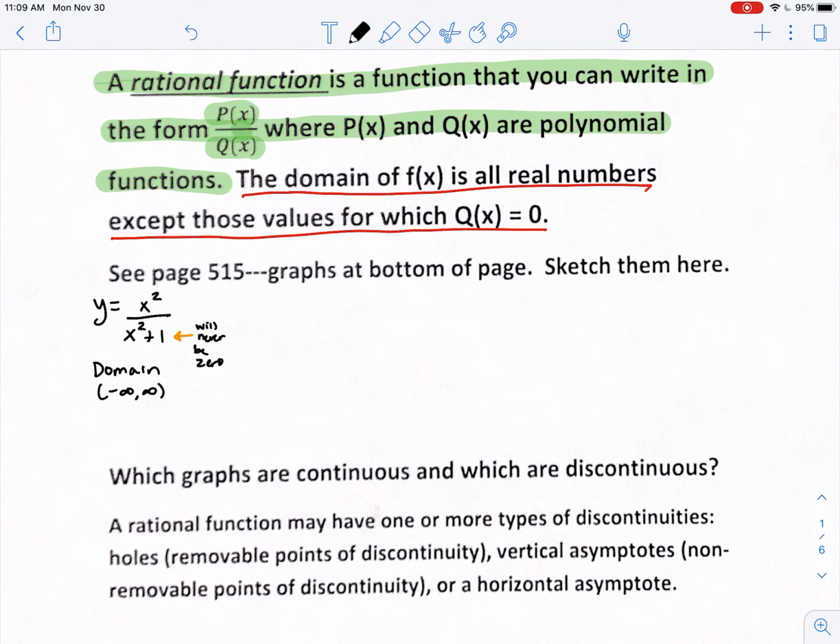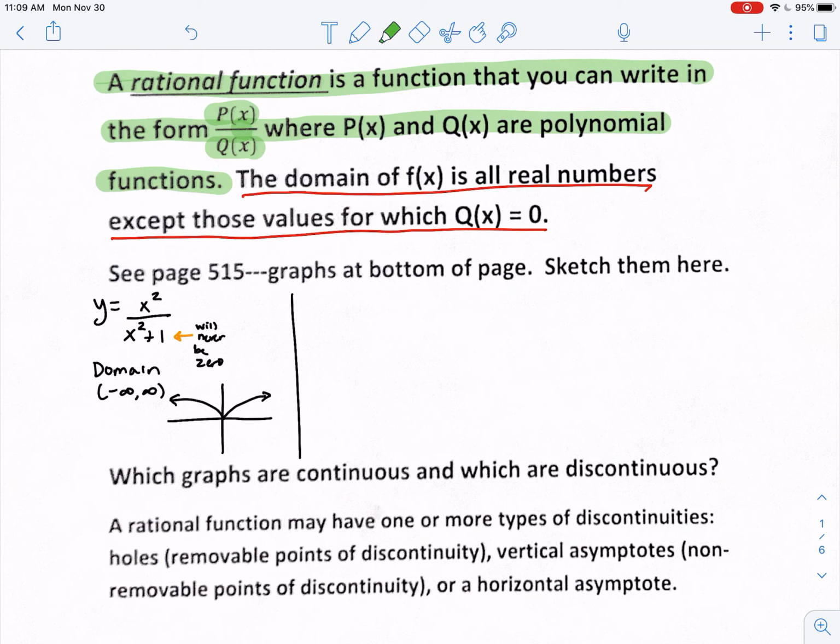Okay, so its graph. Let me give you a little graph of this. If you would put this function in your calculator, you're going to get a graph a little something like this. Okay, so notice the graph goes from negative infinity to positive infinity for your x values.